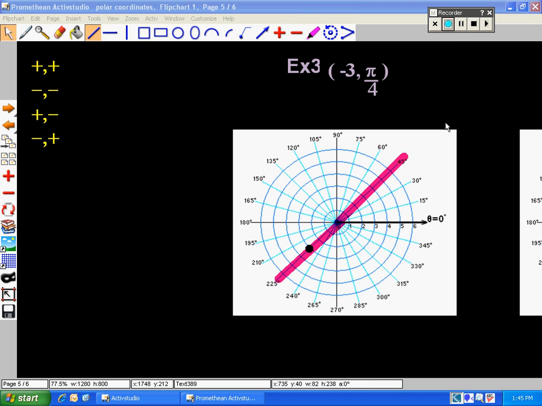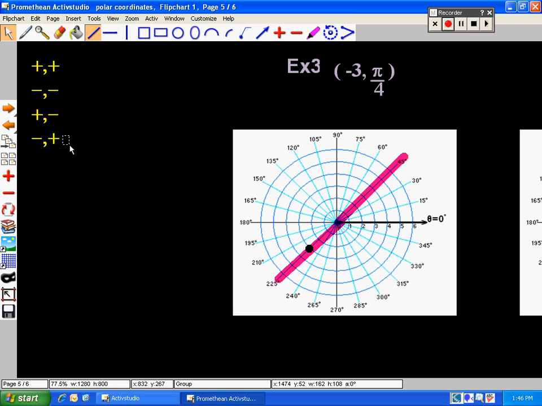Let's go back to example 3, because this same point has several other names. Actually, it has infinitely many names. But there are 4 that are very important between negative 2 pi and 2 pi. We were already given the negative-positive combination, so I don't need to worry about this point right here. We already have that one. Negative, positive. Can you think of a point that's in the same location, but is a positive angle and a positive radius?